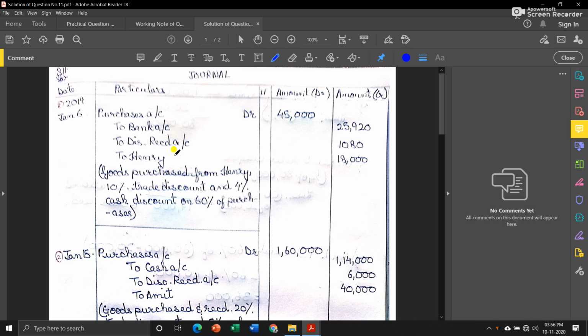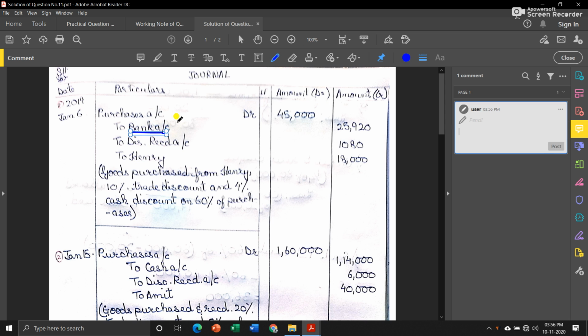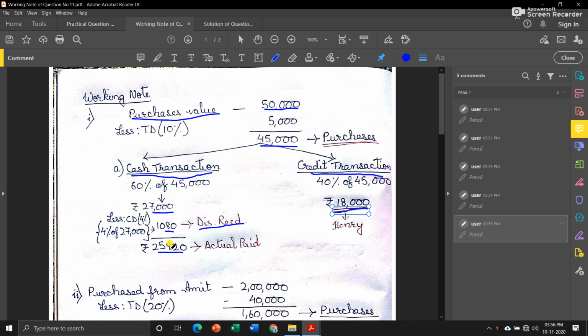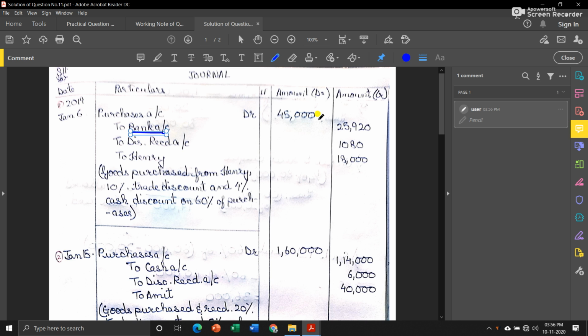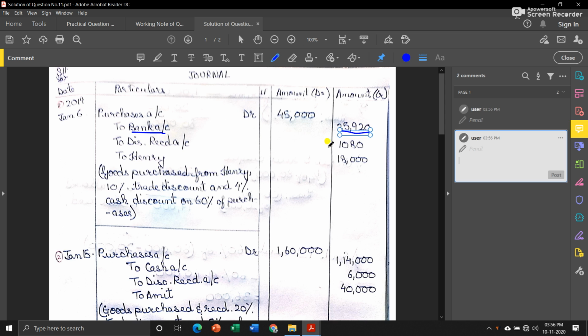Okay, now when we come to the amount, first we will write credit amounts because we have 3 accounts on the credit side. First, bank account, we will write the actual payment that we made. That means 25,920 rupees will be deducted from our bank, so we will write bank column 25,920.